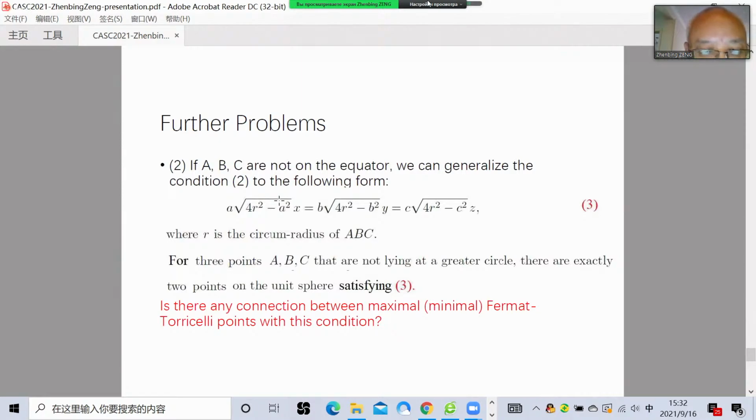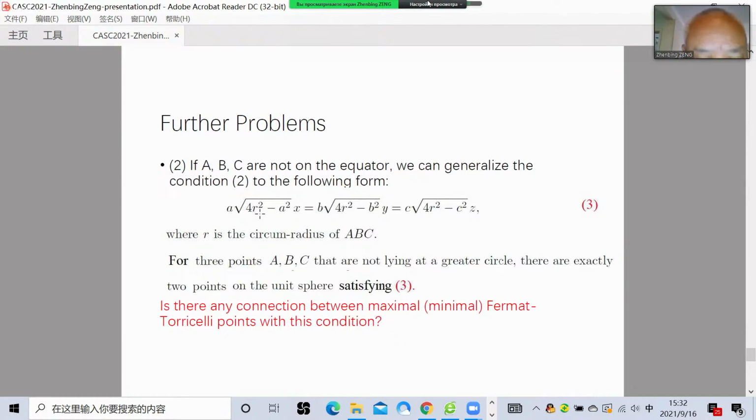Oh, another further problem is if we allow ABC to be arbitrarily selected from the unit sphere, then we define a point P that satisfies this condition.